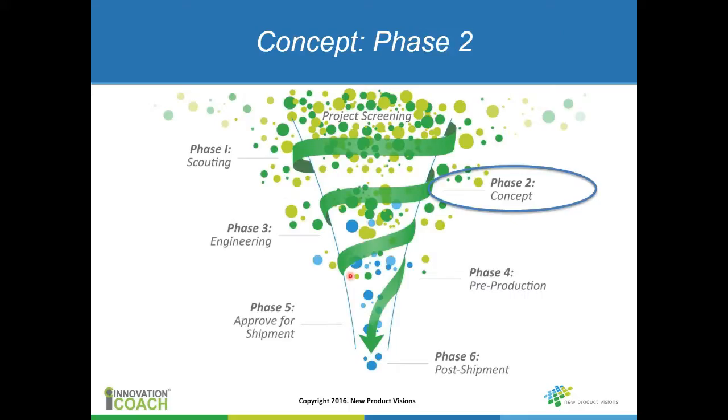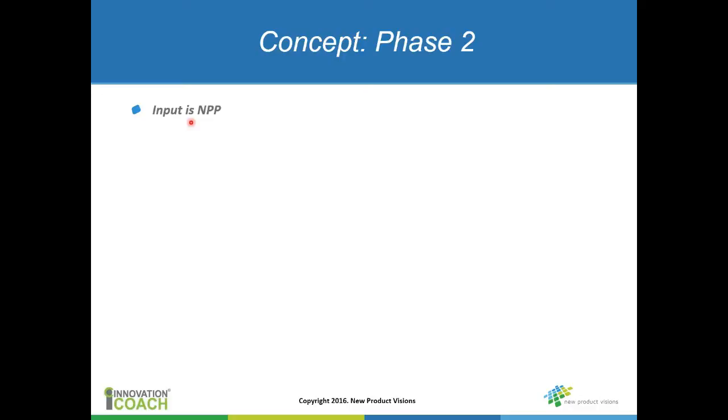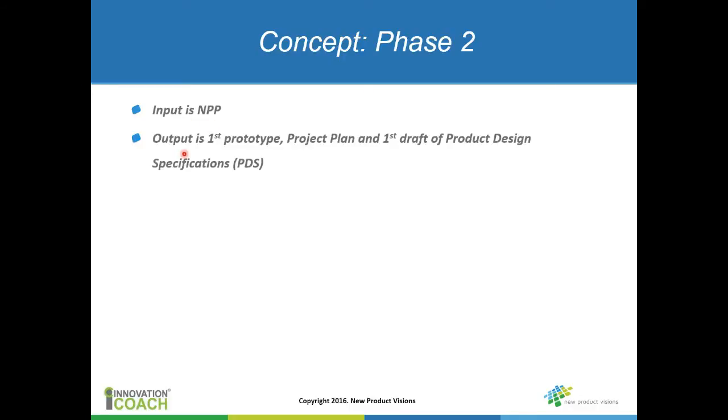Okay, so phase 1 is really product definition. Phase 2, now, the input to that is that definition document, that marketing document, and the output typically is, this is where you're going to build a prototype, the first functional prototype. You're going to develop what I call a project plan, and the first draft of what I call the product design specifications, or PDS, and we'll talk about these two different documents in a minute.